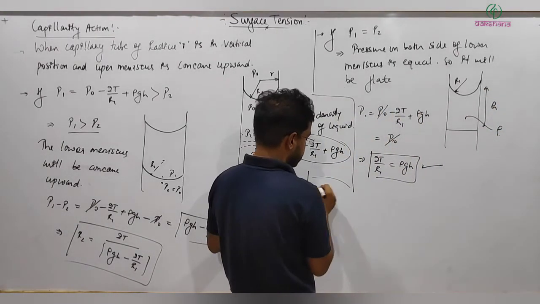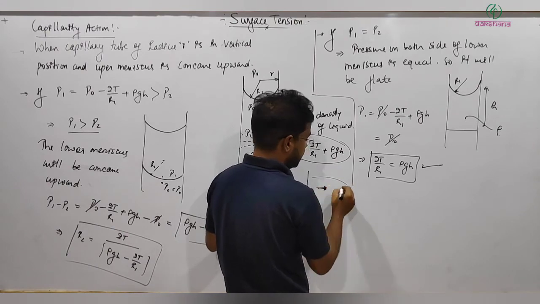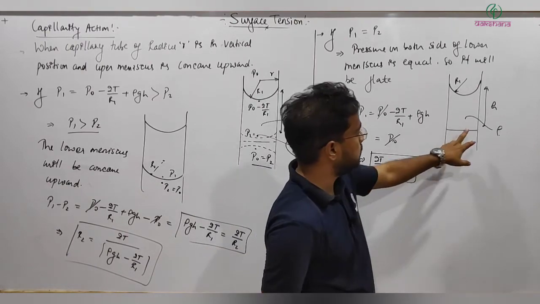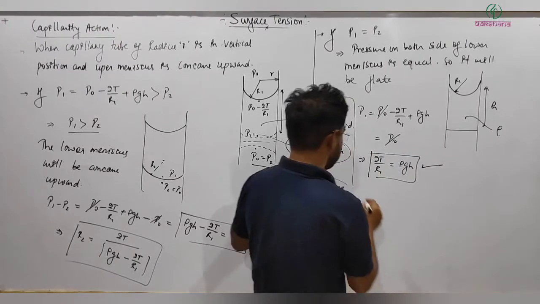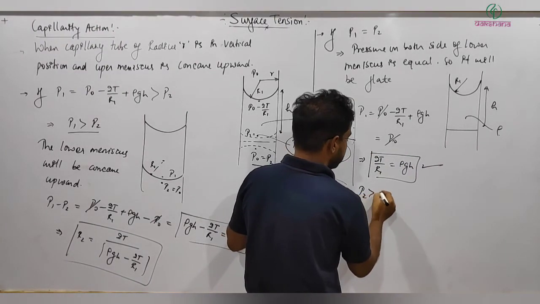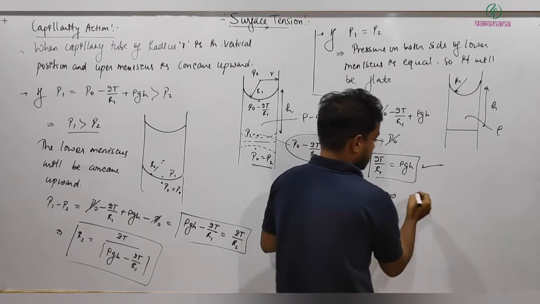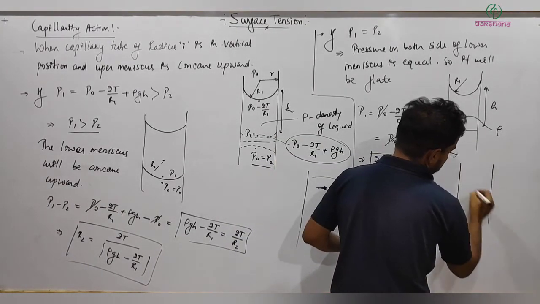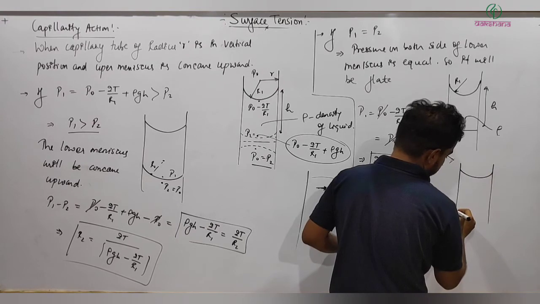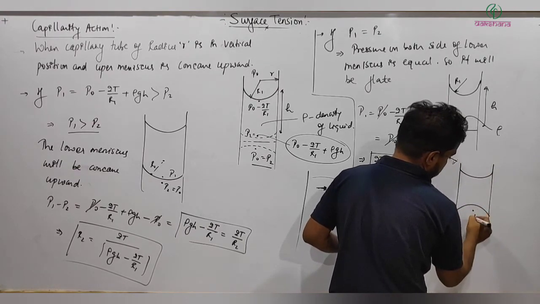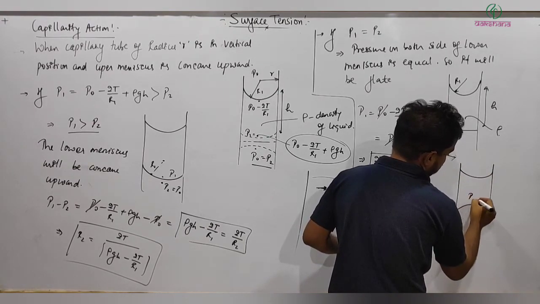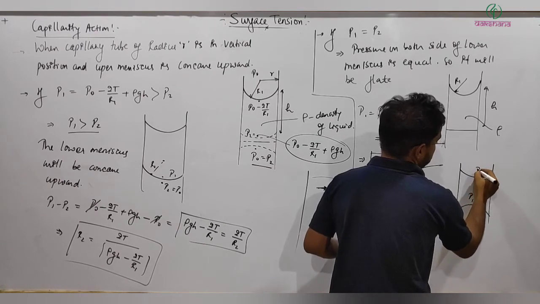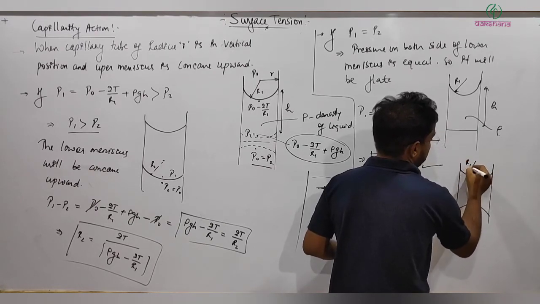And the next case is if the pressure on the lower side is higher. I write P2 is greater than P1, that means the pressure on the lower side will be higher, so it must be in this orientation. Here it is P2, here it is P1, and this is P0, with radius R1.